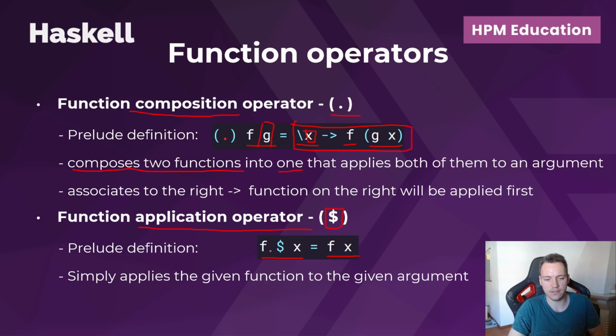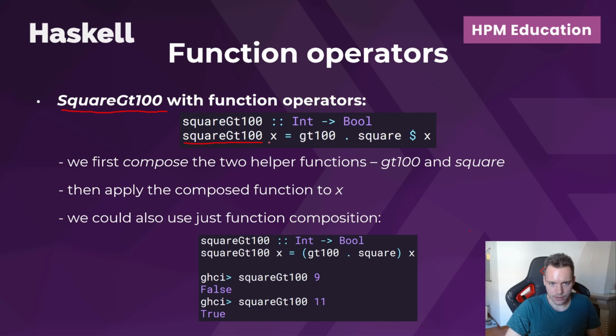So now let's look at how to define our squareGT100 function using function operators to reduce the number of parentheses. We can define it as a function that takes in one argument, still the x, and then what we want to do is apply square to x first, and then GT100 to the result of that first function application.